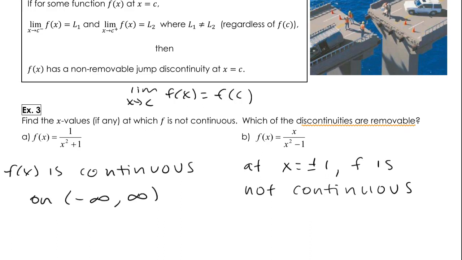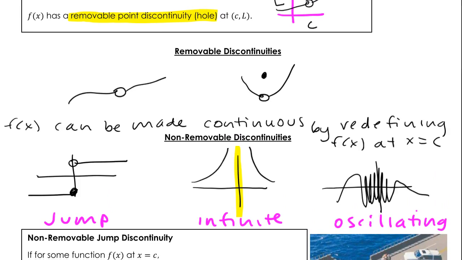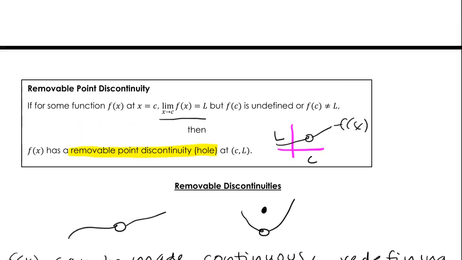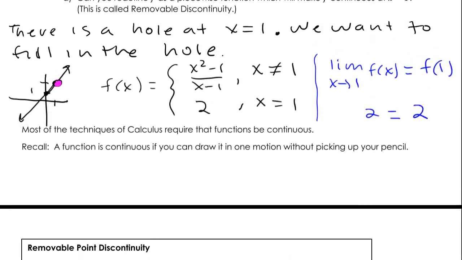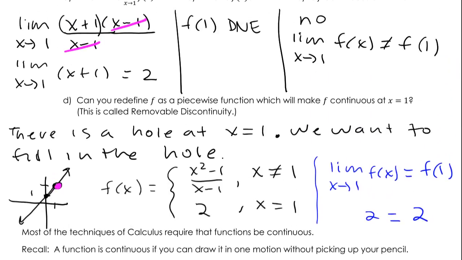Let's go back up and look at the removable or not. The removable are going to be such that you can fill the hole in. If you think back about the removable ones, let me go back up just a little bit. Do you see that we had a removable at 1 right here? And if you looked, remember we were able to remove it. It factored away.